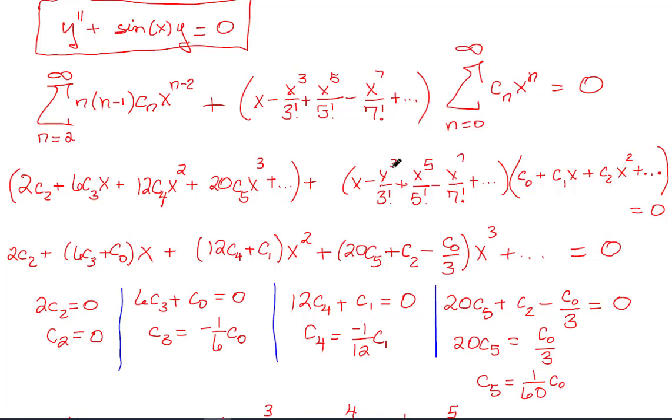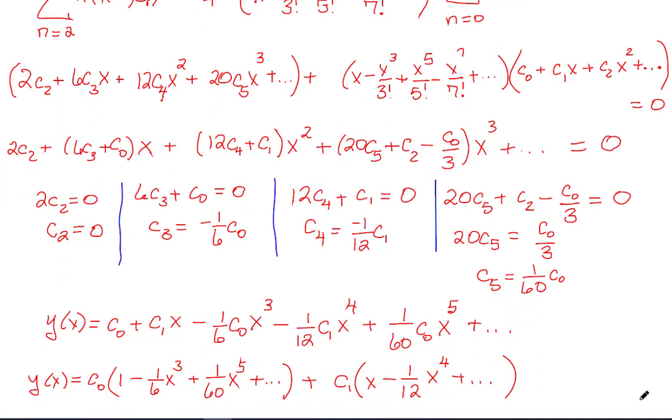You're going to get an x cubed times the c0 term. So all of these pieces have to equal 0 because it equals 0 on the right hand side. So that gives you all these solutions to C2, C3, C4, C5.